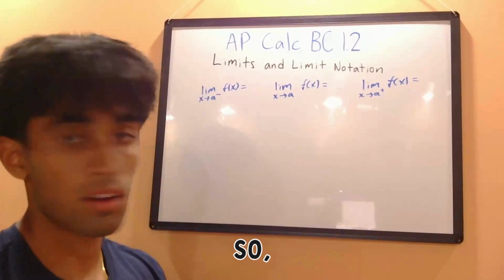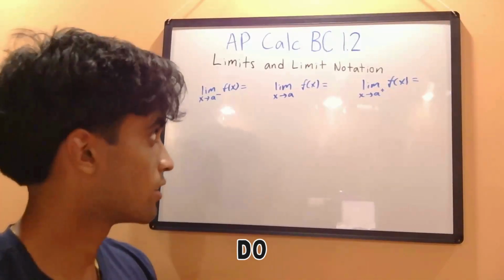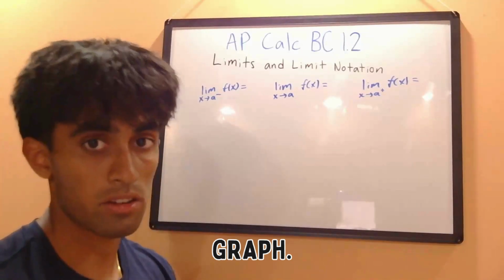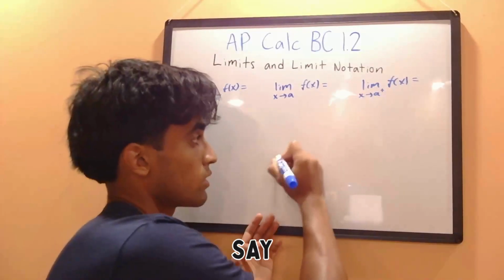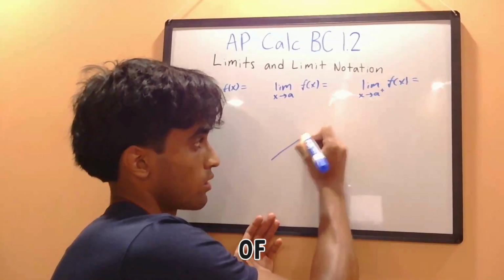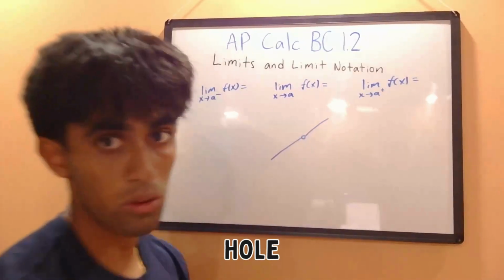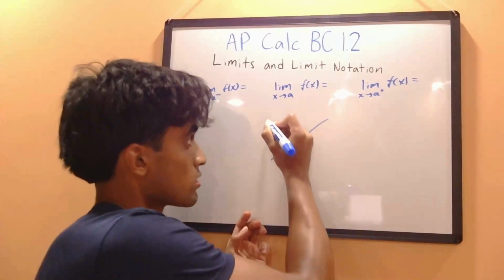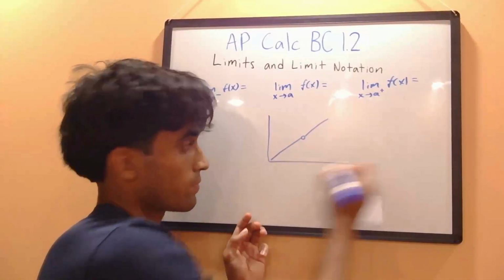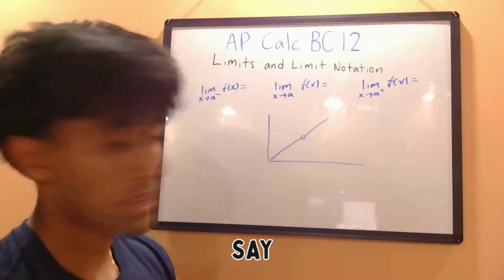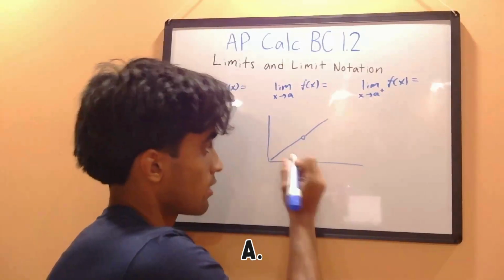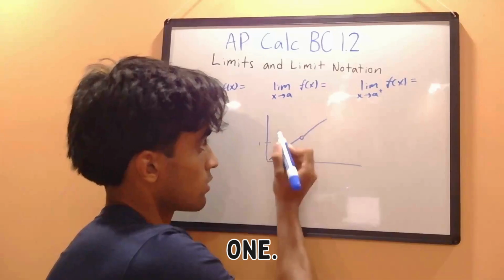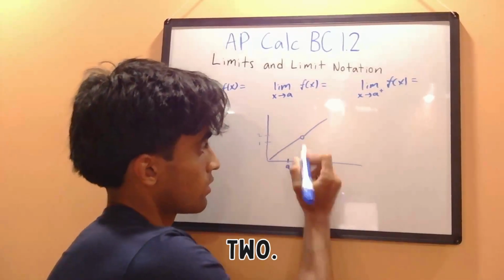So how do we actually do limits? Let's take a look at a graph. Let's say we just have this graph of a line with the hole right there. Okay, so let's say this is a, and then this is 1, this is 2.